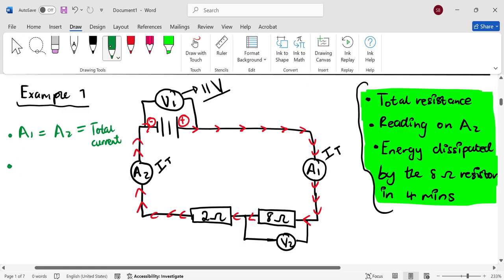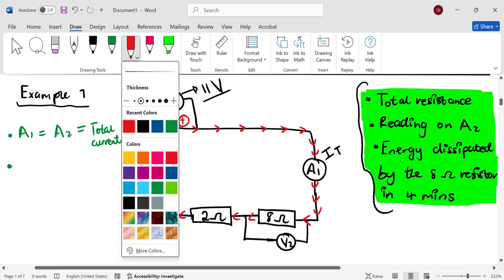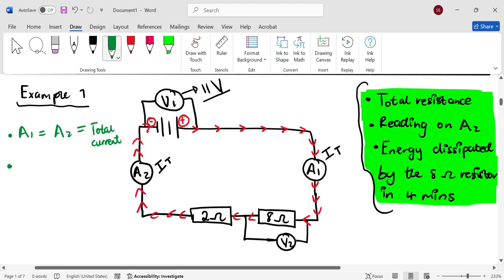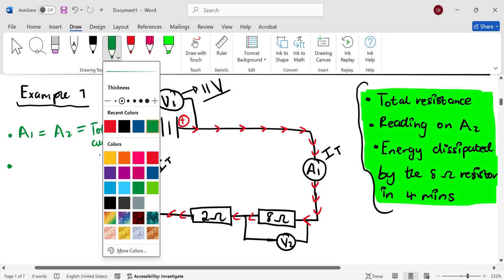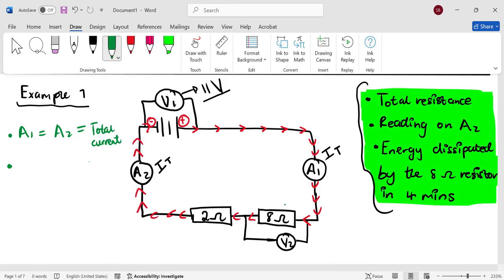Do you guys agree with me when I say that the 8 ohm resistor and the 2 ohm resistor have the same current flowing through them? So the current that flows through the 8 ohm is the same current that flows through the 2 ohm resistor.